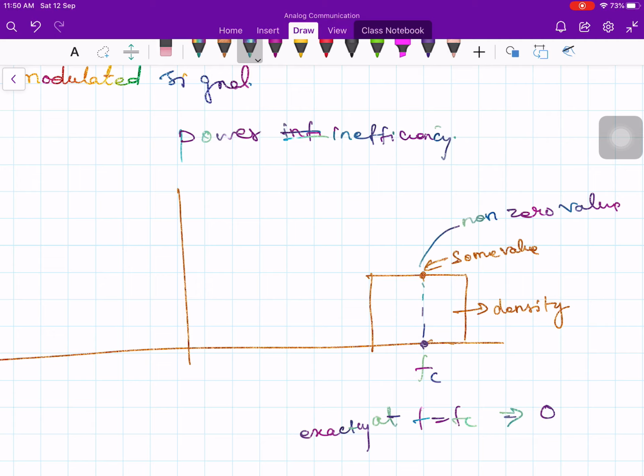Because it is a density function. You can say that there is some energy present in the neighborhood of Fc, my carrier frequency, but you cannot say that there is a carrier component at Fc. This is not a carrier component. You have to understand that.